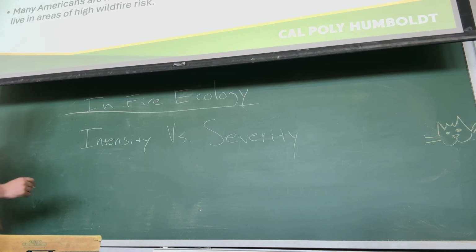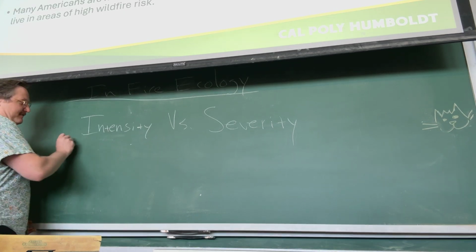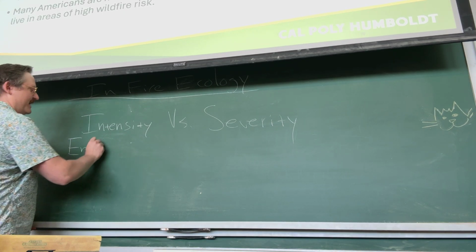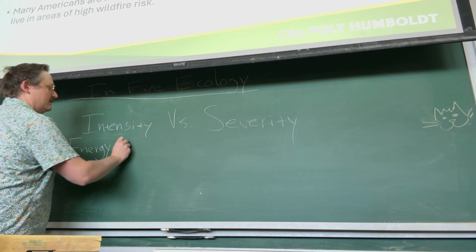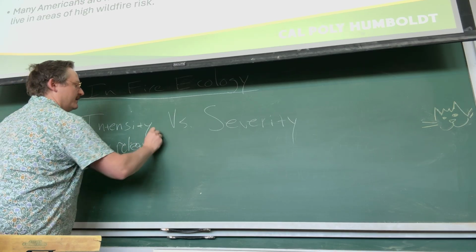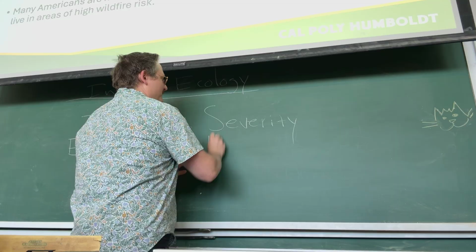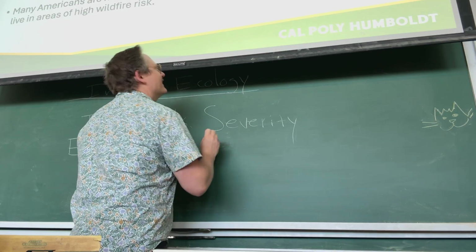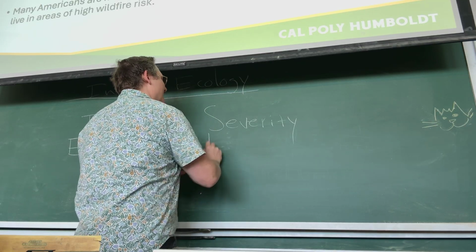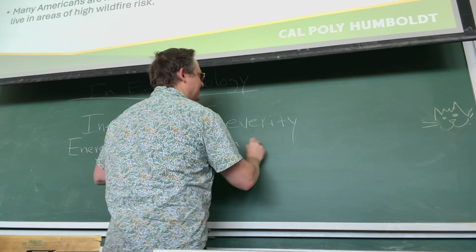So intensity. Intensity is a measure of energy released by the fire. Okay, severity is a measure of, let's say, I'm gonna be careful with my language, how the plant community is affected.